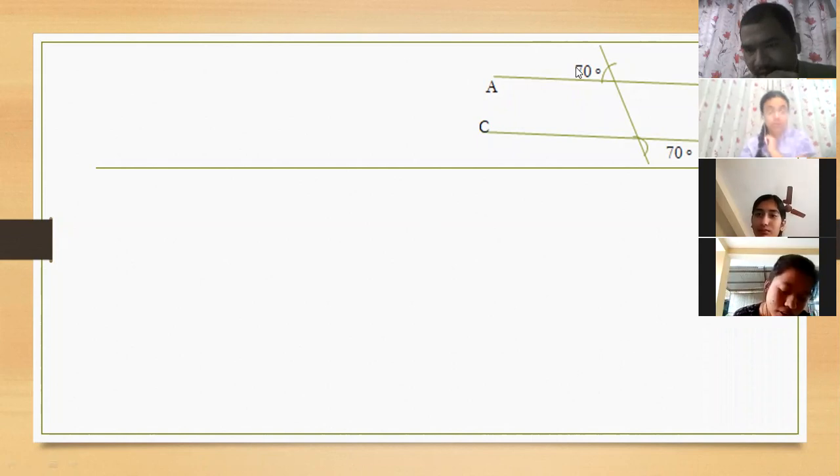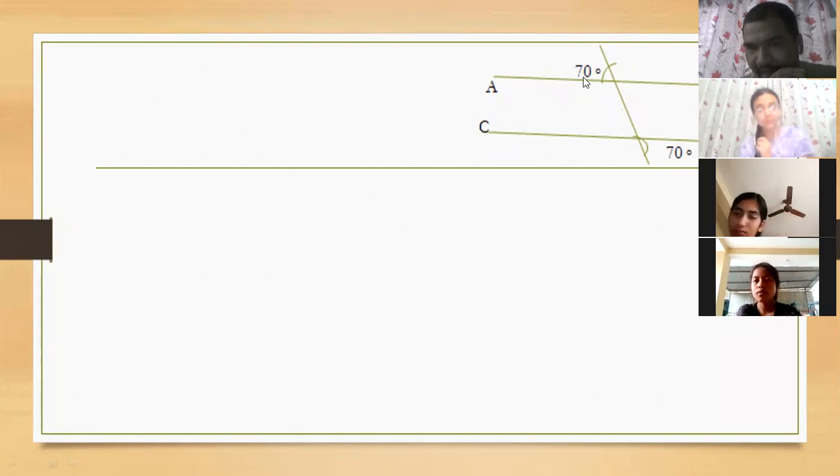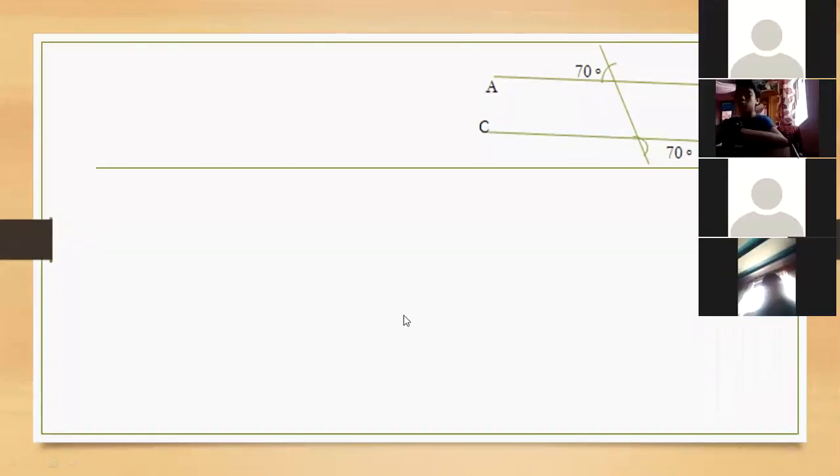They are alternate exterior angles, and alternate exterior angles are equal here. If alternate exterior angles are equal, then this given pair of lines AB and CD are parallel to each other. Are you clear, children? Yes, sir. Good, very good. Then we have to write the reason like this.